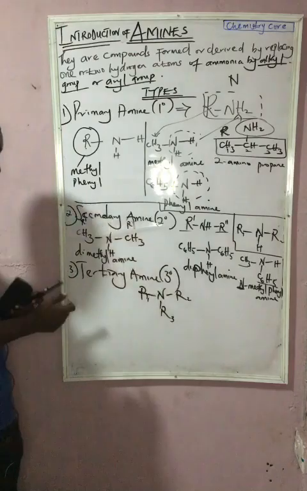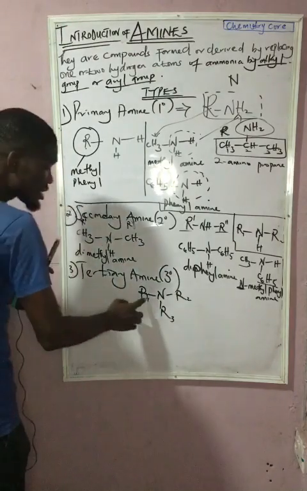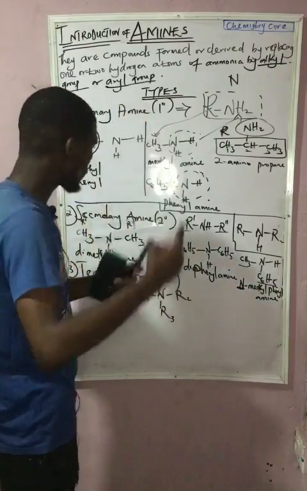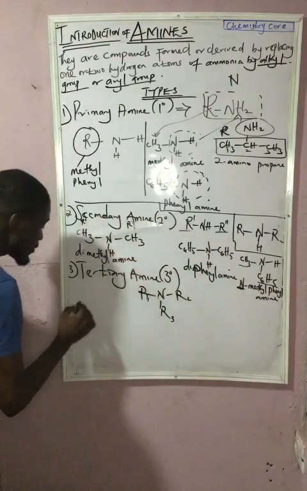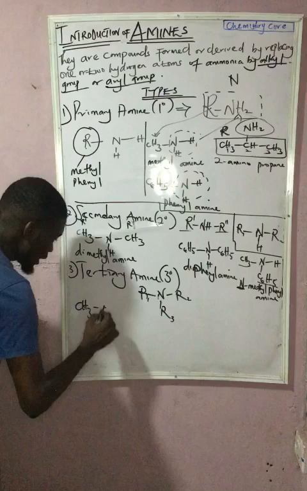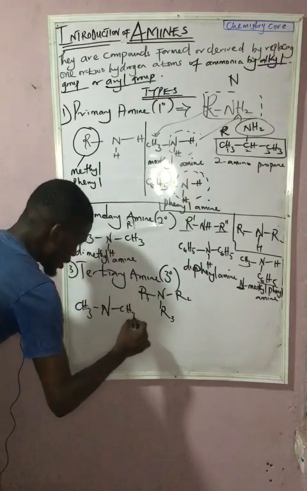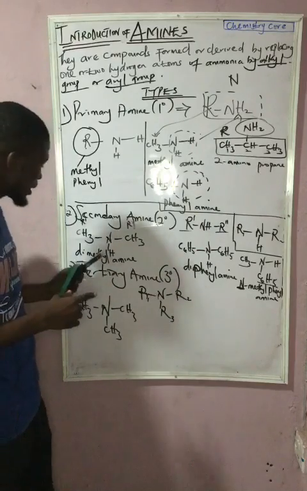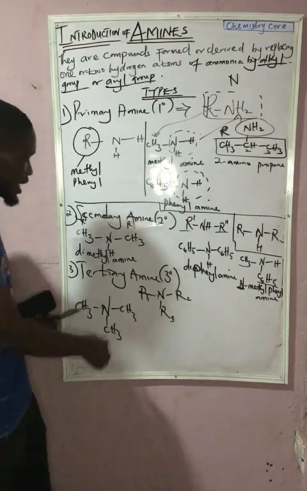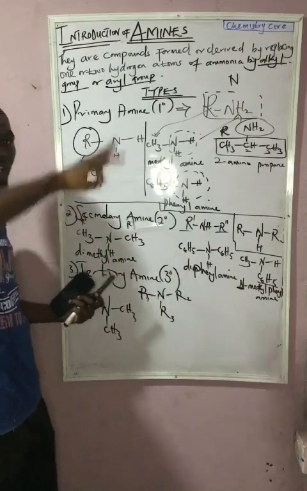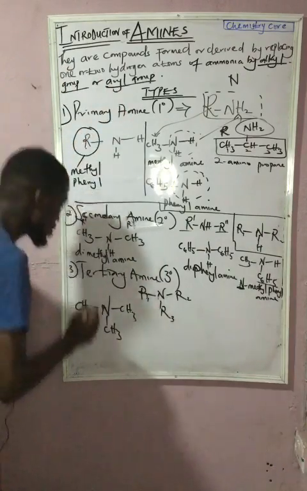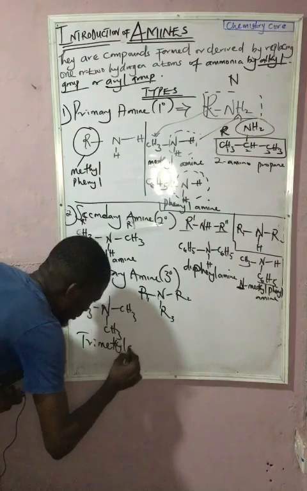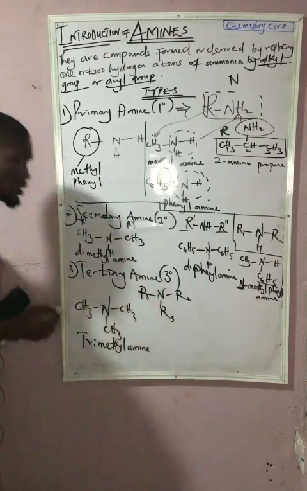So guys, we can easily say that this N is surrounded with three alkyl groups. So let's go. The first one, we have CH3, N here, and another CH3. If you call this one dimethylamine, then if the N is surrounded with three methyl, that will be trimethylamine. Is that clear?